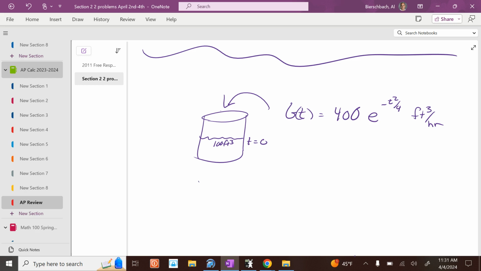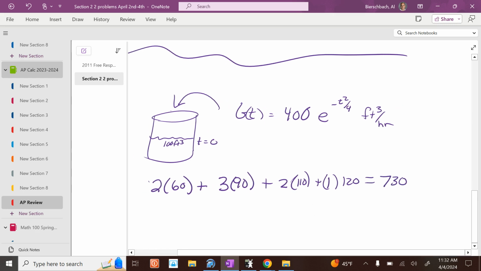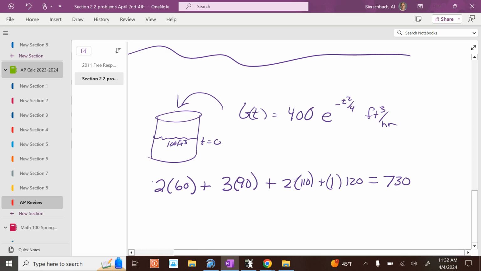The first one would be 2 hours times 60 on the left, plus the next one is 3 hours times 90 on the left, plus 2 hours and 110 on the left, plus 1 hour and 120 on the left. And if you add all those up, they add up to 730. Okay? That's worth like 2 or 3 points. And this is where they get you. If you put on a label, that's worth a point.